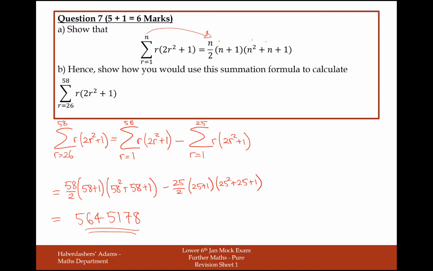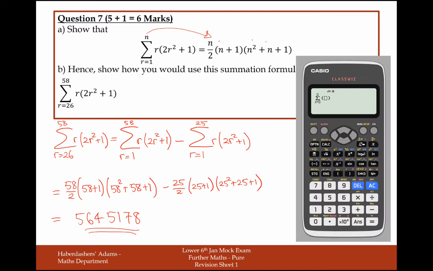Let's just check this on our calculator and I'll show you how to use the calculator mode for this sort of question. So, the calculator mode, if you look at the top right hand side of your calculator, has a yellow icon that is a summation symbol.